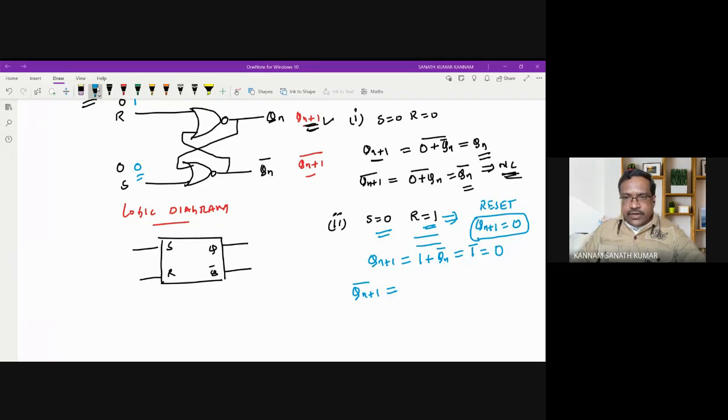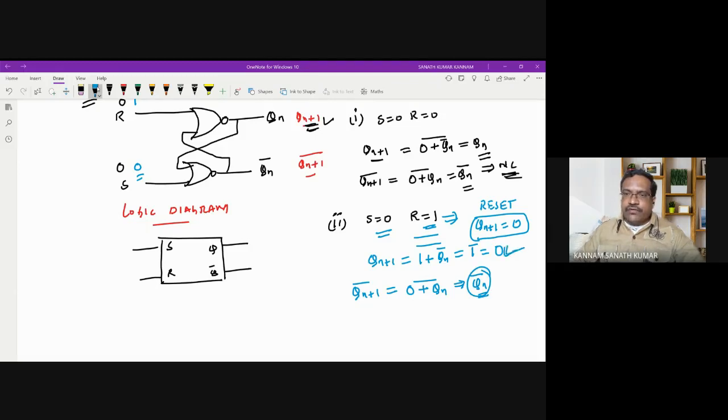Why? Because see here. So what is the input? One input is 0, and what is the another input? Qn whole bar. So that means here you are getting Qn bar. So what is Qn over there? Here you are getting Qn bar, but in the first case itself you got the reset.